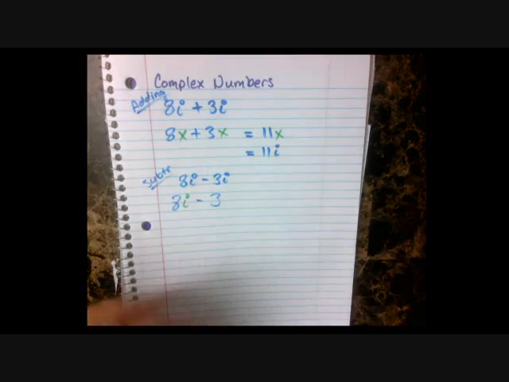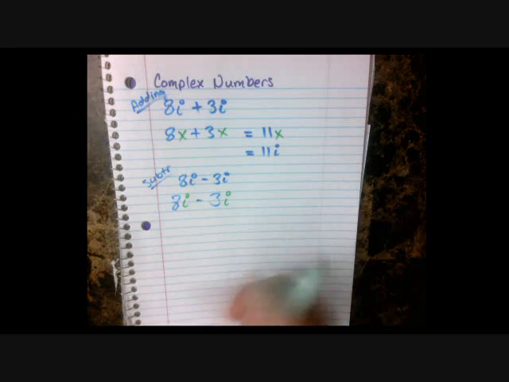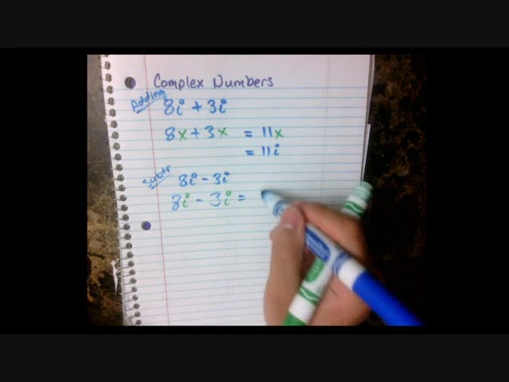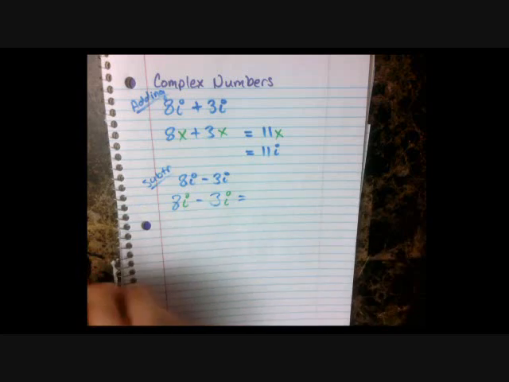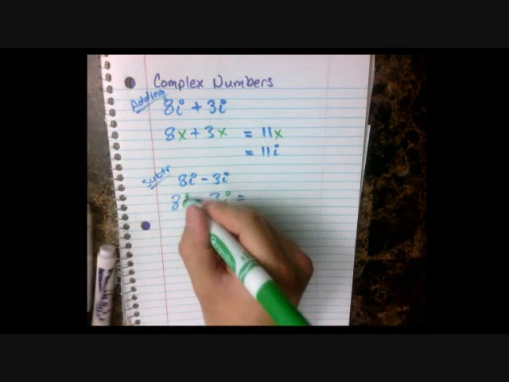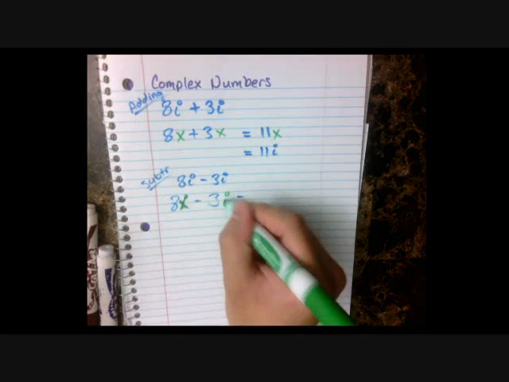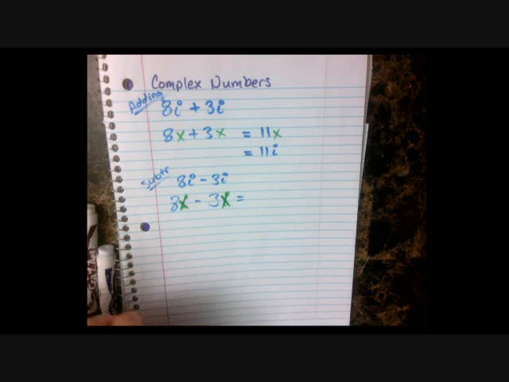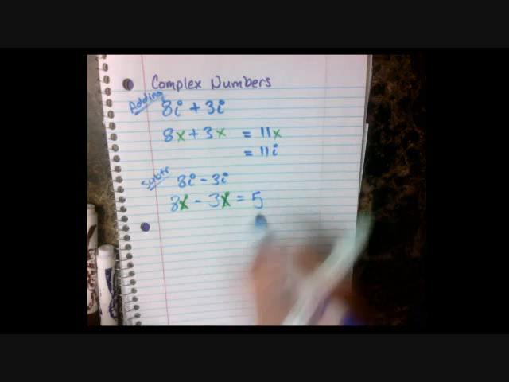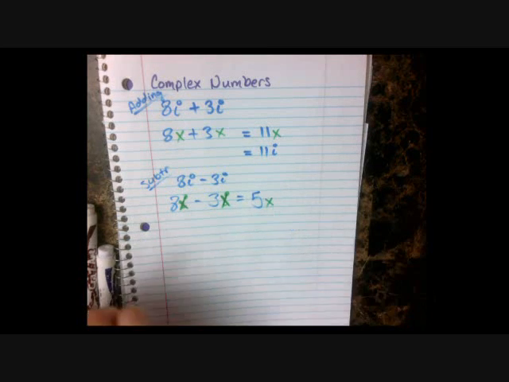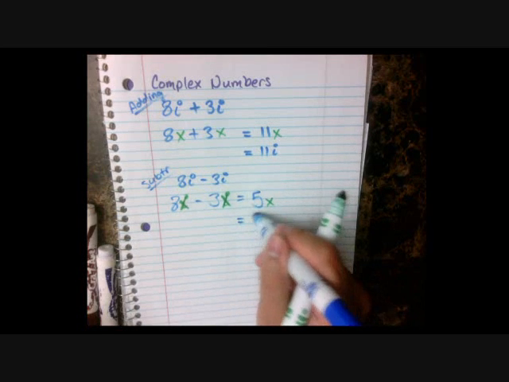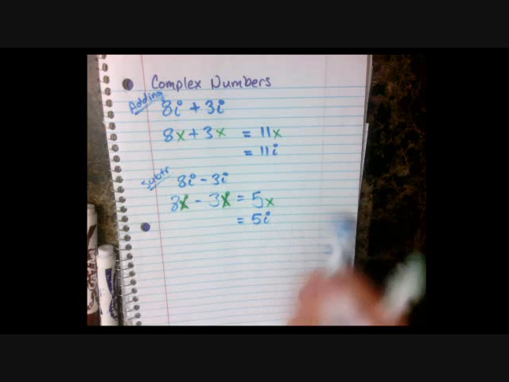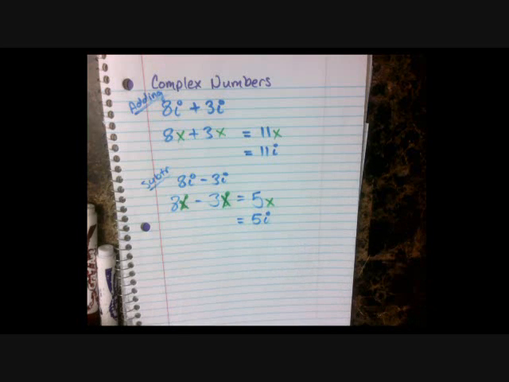Remember, you can replace it with an x, is what I meant to do. I just kind of made that sloppy. But 8x minus 3x would give you 5x. And remember at the end, just switch out your x with your i. This shouldn't be difficult for those of you that know how to combine like terms. This is all the same thing.